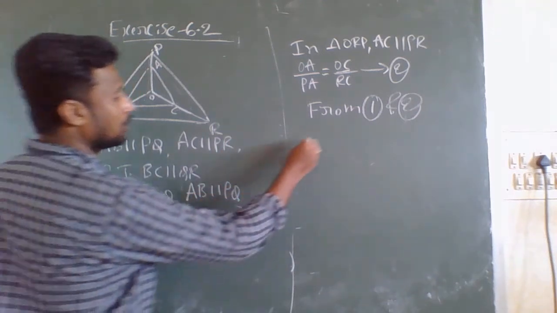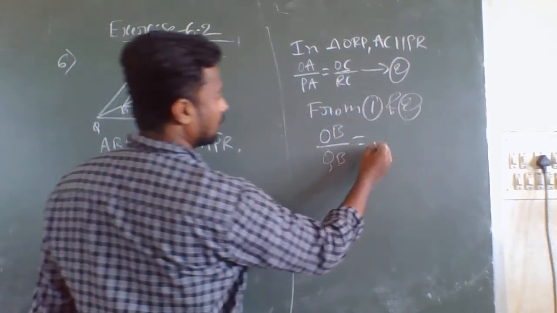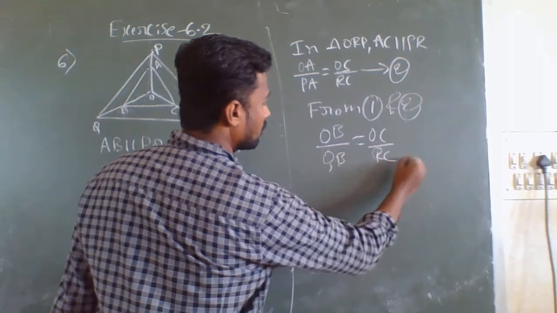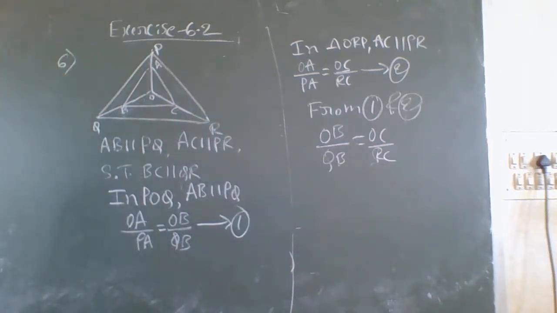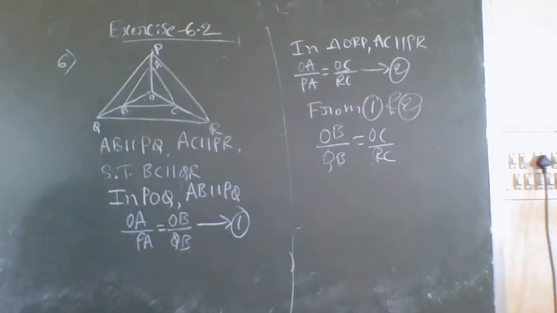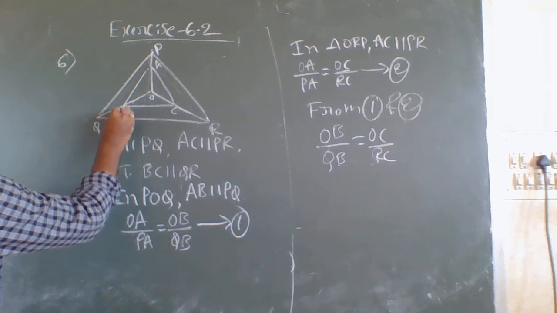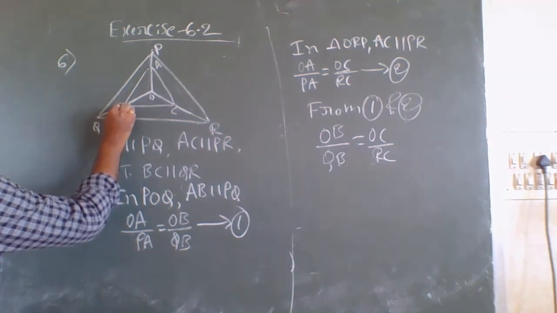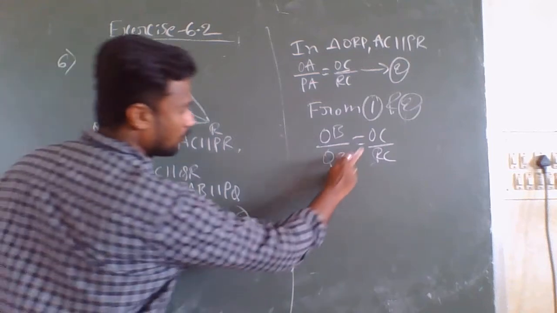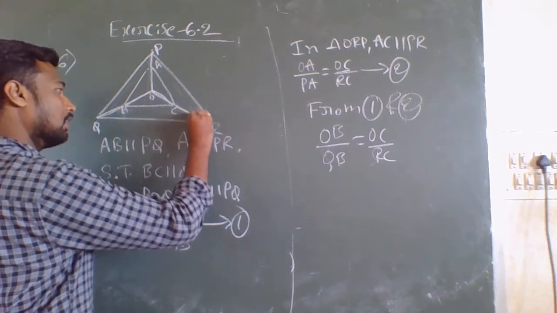Therefore OB by QB is equal to OC by RC, because these two are equal to OA by PA in 2 and 1. Now we have to show that BC is parallel to QR. Now see in the diagram, OB by QB and OC by RC.